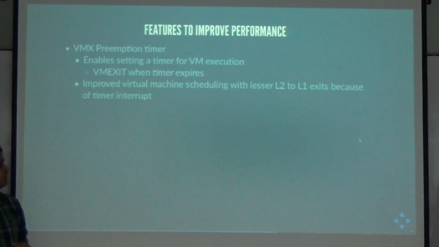Then the host hypervisor can decide to run L1 for a while and then again set up a timer. That way you don't have to exit on every timer interrupt. This also results in a lesser number of exits from L2 to L0 and L1 to L0, and of course improves performance.